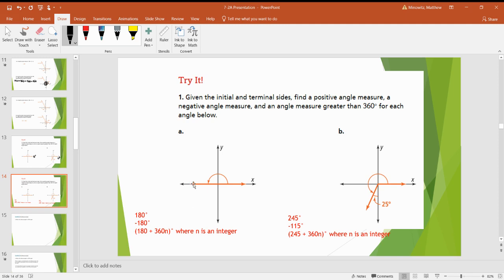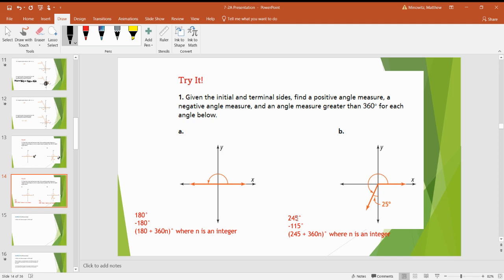All of them wind up in the same spot over here on the left. And for part B, we go almost 270, but it's 25 less. So it's 245 degrees. Or I can go backwards 90 plus 25, so negative 115 degrees. Or I can go 245 degrees and then give it a bunch of spins, however many spins of 360 I want.